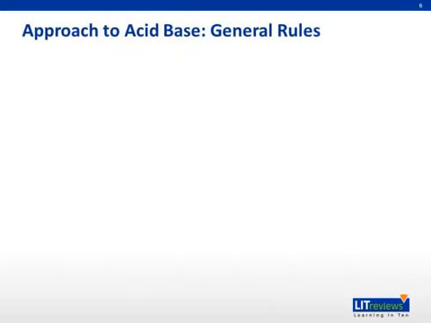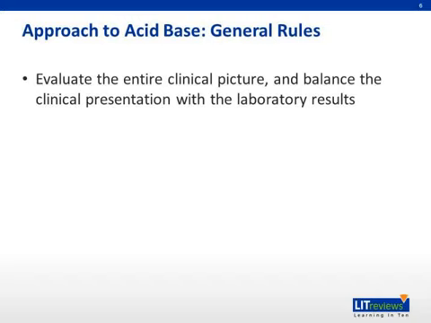When approaching an acid-base disorder, there are important rules that will help you to be systematic. First, it is always important to keep in context the clinical picture and use the laboratory results to complement the clinical suspicion. In other words, if someone presents to the emergency room with persistent diarrhea, we should expect the labs to show, based on the clinical picture, a metabolic acidosis due to the loss of bicarbonate in the stools.